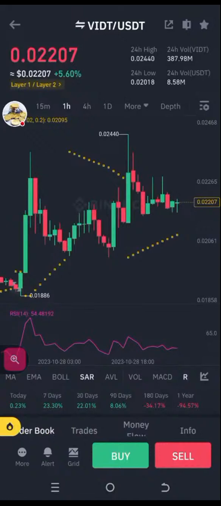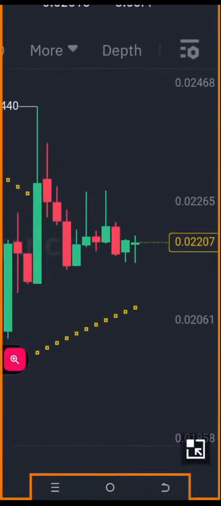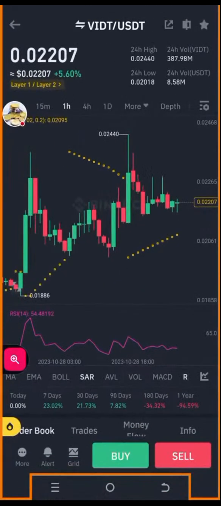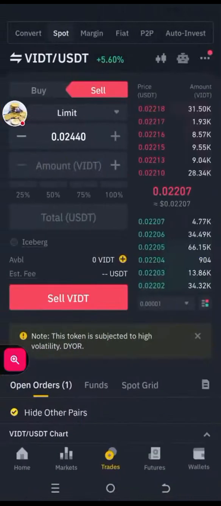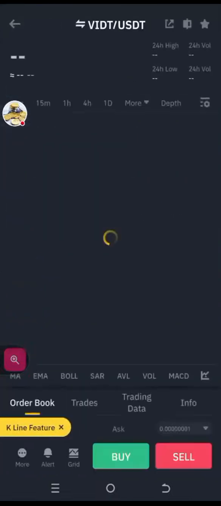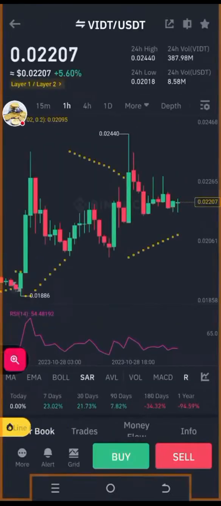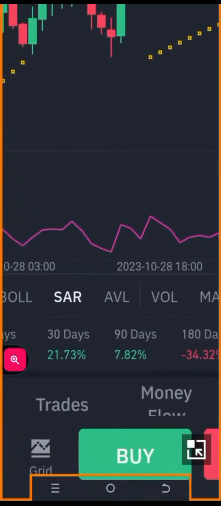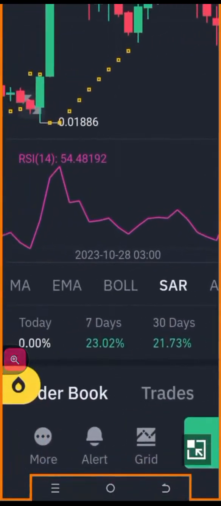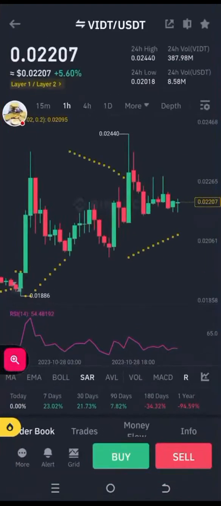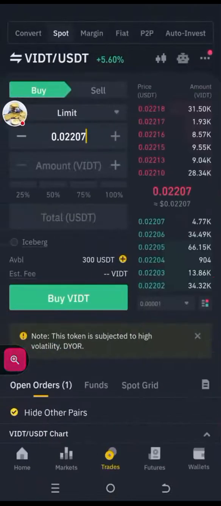VIDT. I just pray that, as it's going up, it just keeps on going up. It's not fully on pump mode, but the conditions look right. Let me see. The parabolic SAR is under, but the RSI is not as high. Okay, let's go ahead and just try this out.